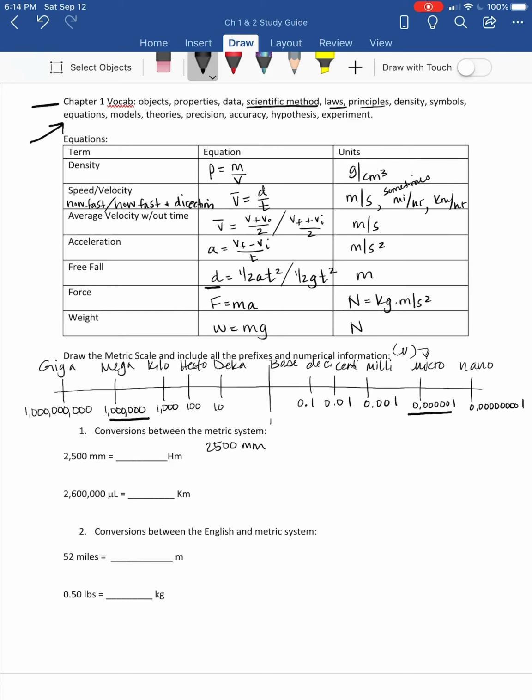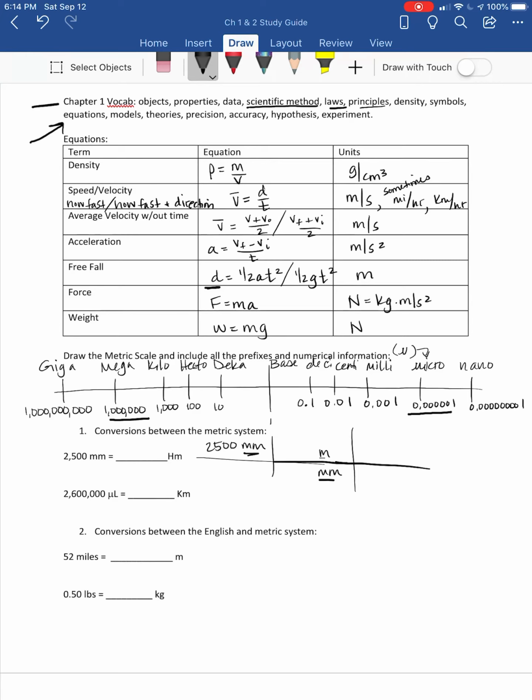So try to pause me right now, and then you can go through and see if you do it all right. Okay, so if you're just now coming back on, remember you've got to have whatever units up here, you put down in the bottom right. And then instead of going straight to hectometers, I'm going to go to meters, the base unit. And then you can go through and do the rest of your tracks.